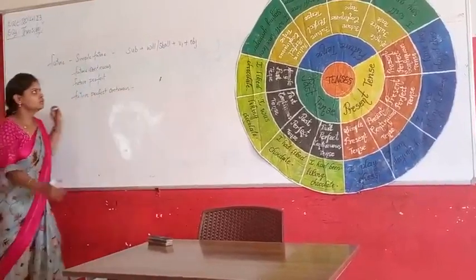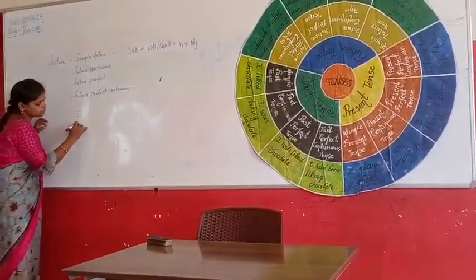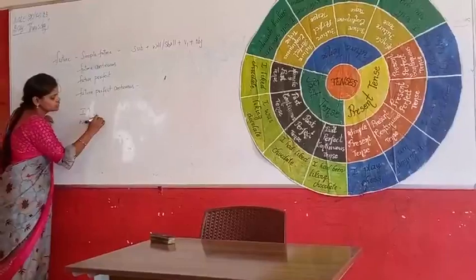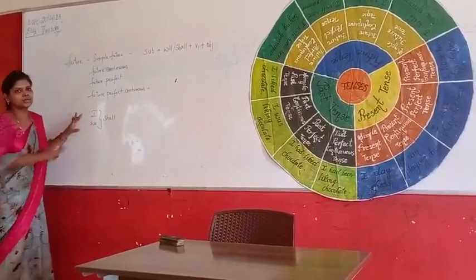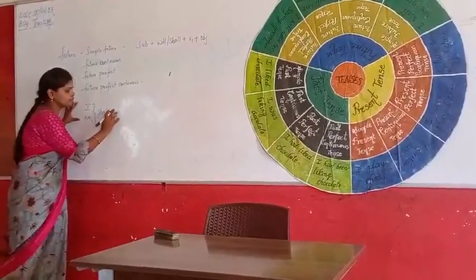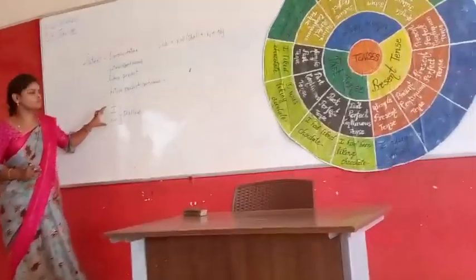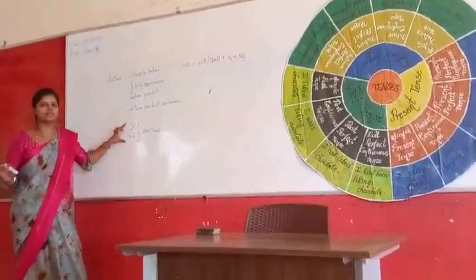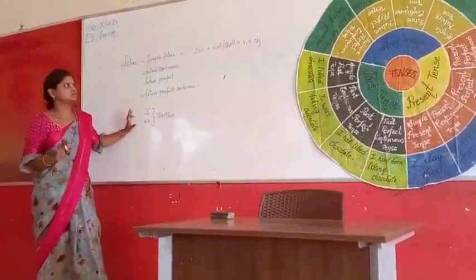And one more thing, for I and we we should use shall. Only for these two words we should use shall. We can use will also here, not a problem. But we can use shall only for I and we. And for the remaining, we should use will.